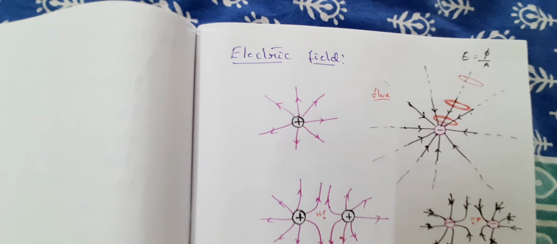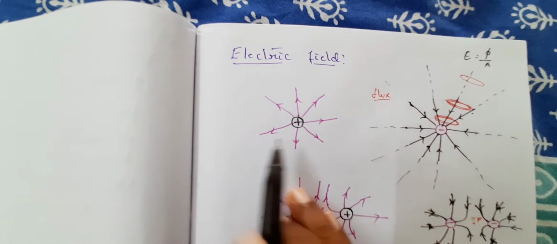These lines of force can be straight lines or curved lines. They are the lines which show the path of an isolated, free unit positive charge which is left free to move in the field.